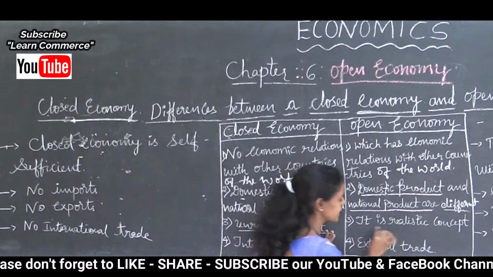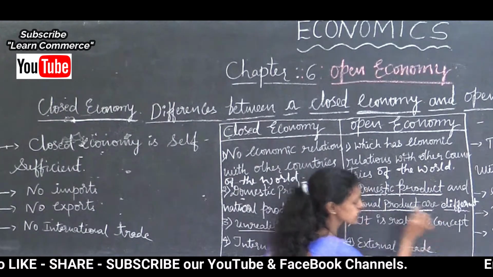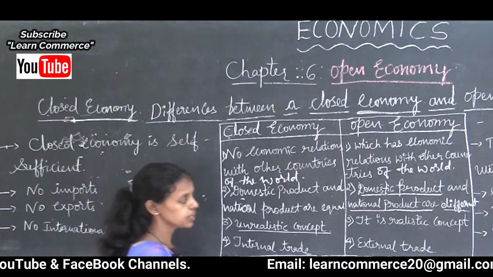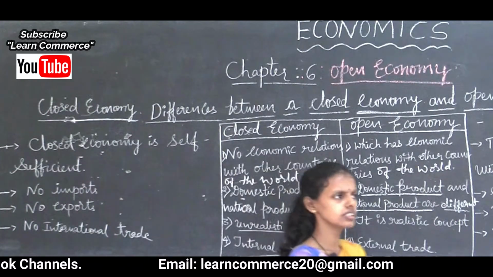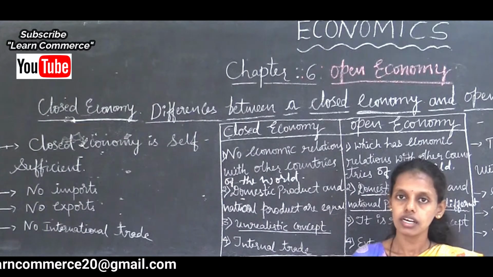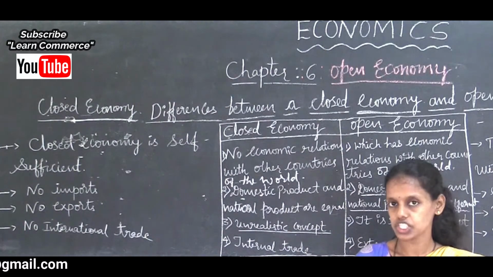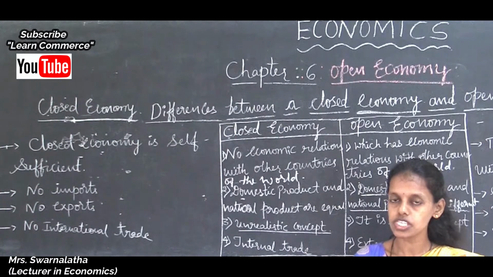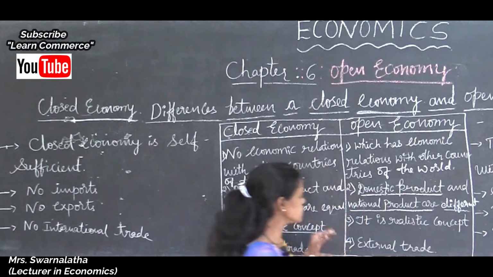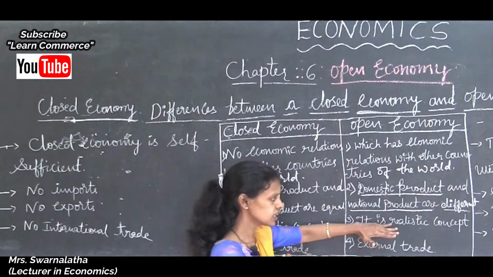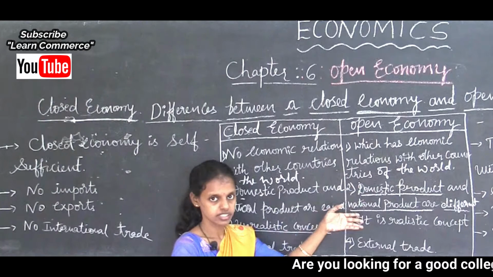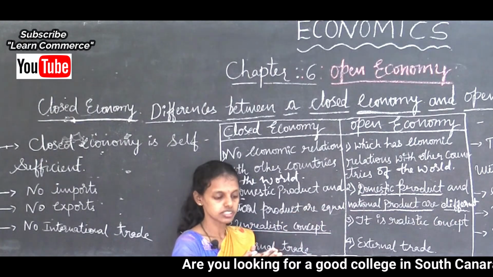What about the open economy? It is a realistic concept. Why? Because in an open economy, most of the countries in the world are engaged in international trade, meaning export and import trade. In most cases, countries' economies are open to all to trade with each other and exchange goods.